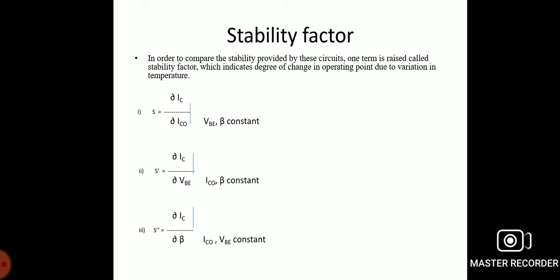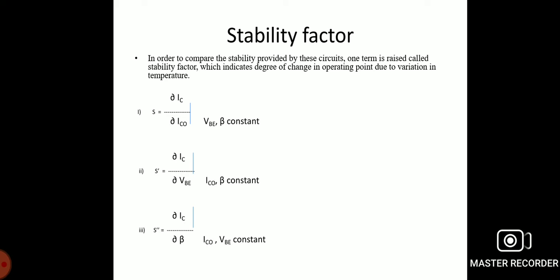In the third case, S double dash, it is the ratio between the current amplification factor of the BJT and the collector current, with the collector leakage current and base emitter voltage constant.